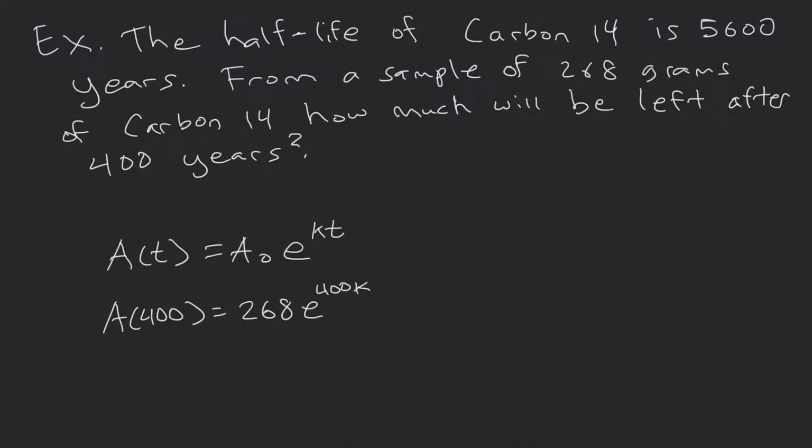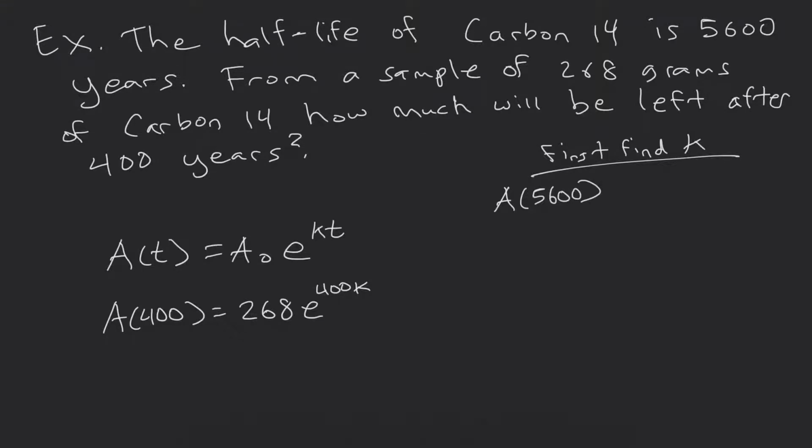So first things first on this problem, we need to first find k. There's no way we're going to be able to answer the question unless we find k first. So let's go ahead and do that instead. We do know the half-life of this carbon-14 is 5,600 years.